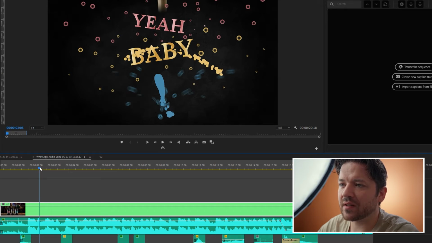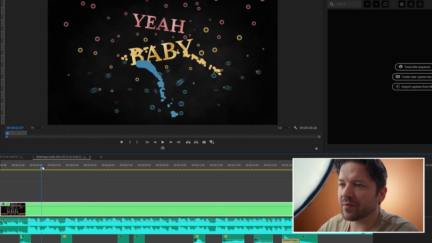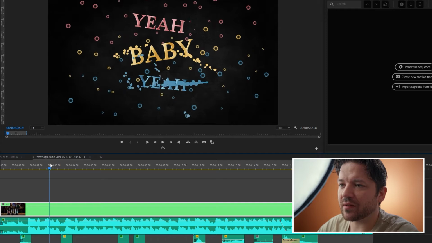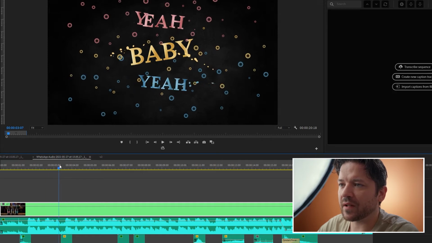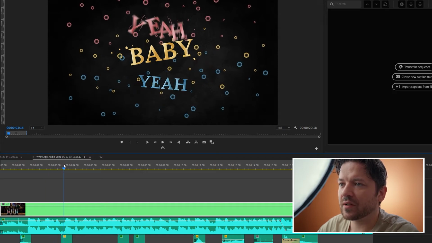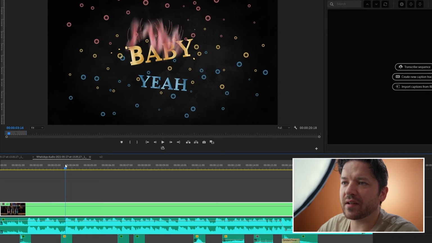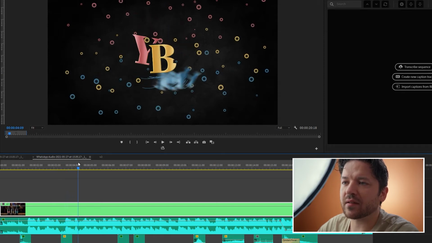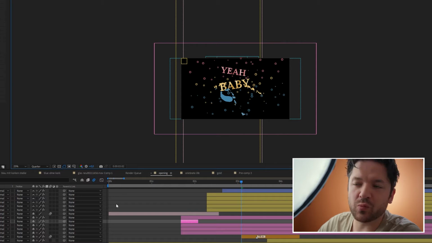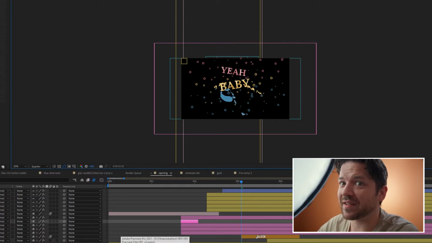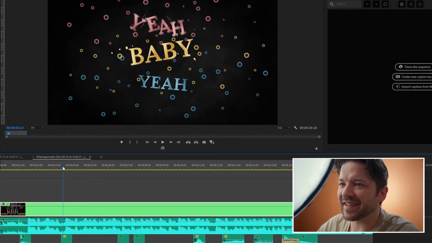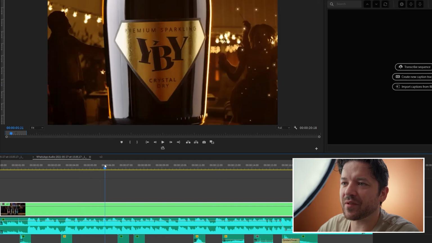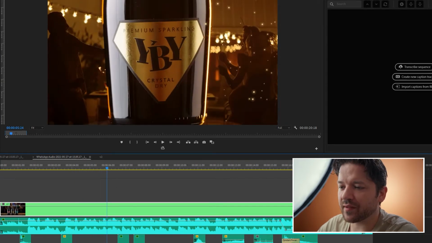I animated them a little, so they're coming out of the bottle and going to different places because it's more interesting, and then they're moving around there and getting bigger and smaller. And this animation is done with another plugin that's called Super Morph. It's not Ultimate, it's Super. And it shapes the YBY logo, and then we jump into this scene.